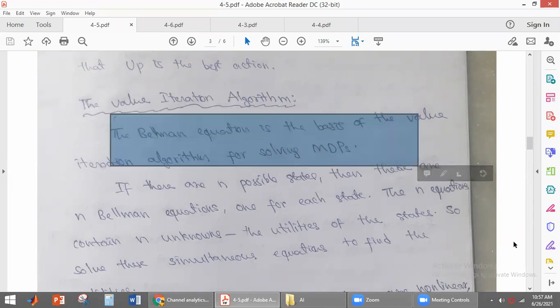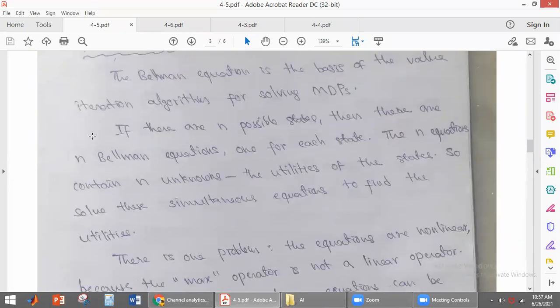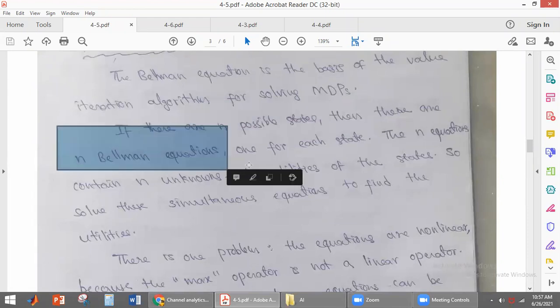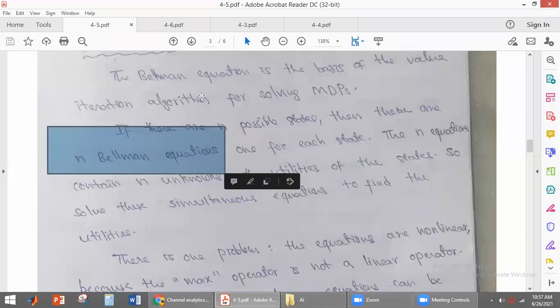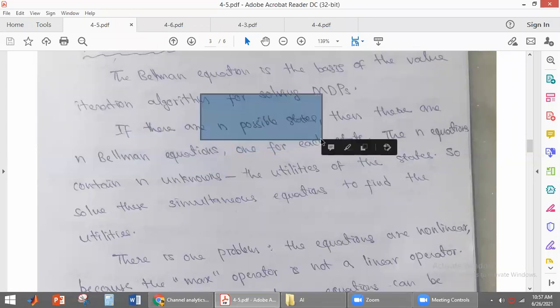If the number of states in the environment is n, how many equations will we get? We will get n Bellman equations, because we get a Bellman equation for each and every state. So the total number of Bellman equations will be n for an n-state environment.